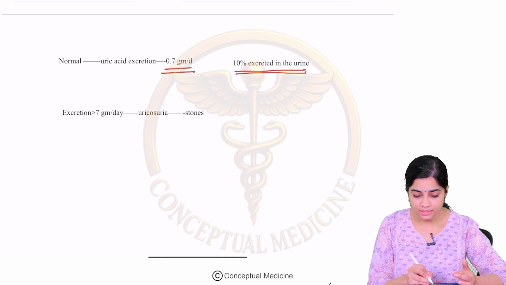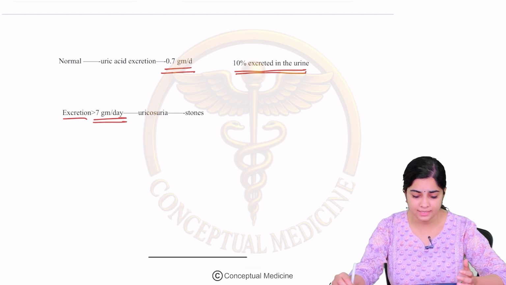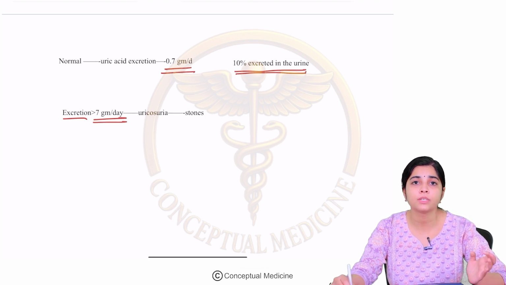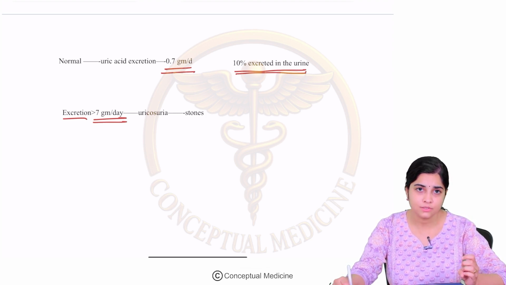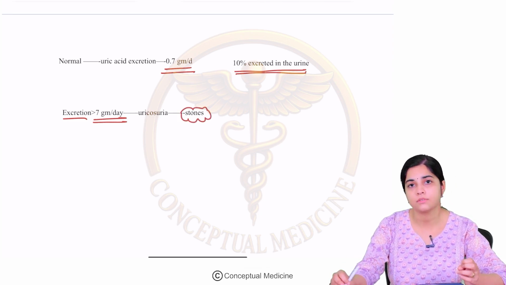If the excretion exceeds 7 grams per day, then there is uricosuria. This can result in uric acid stones.